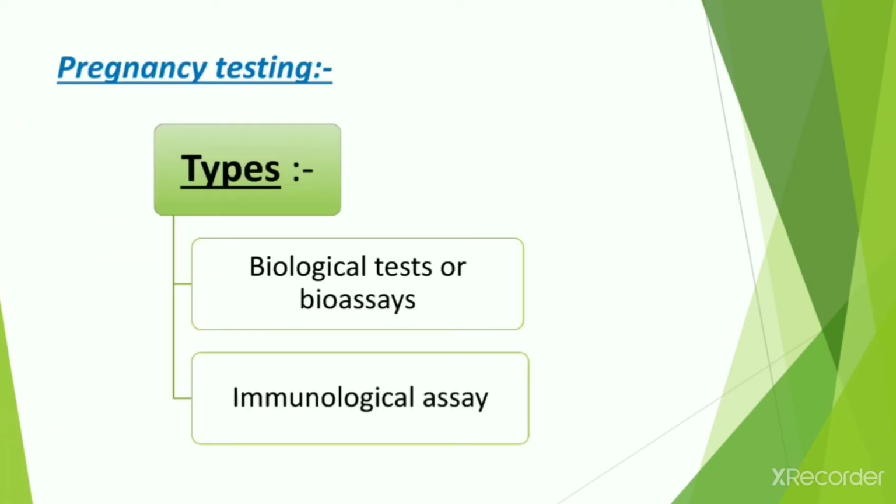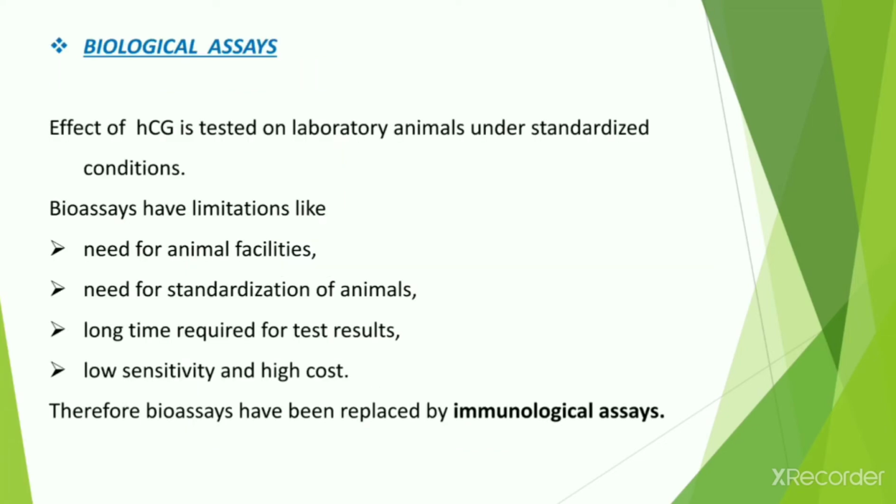Pregnancy testing can be done by two classified methods. They are biological tests and immunological assays. Biological assays or bioassays are done by detecting the effect of HCG hormone in the laboratory animals under standardized conditions.